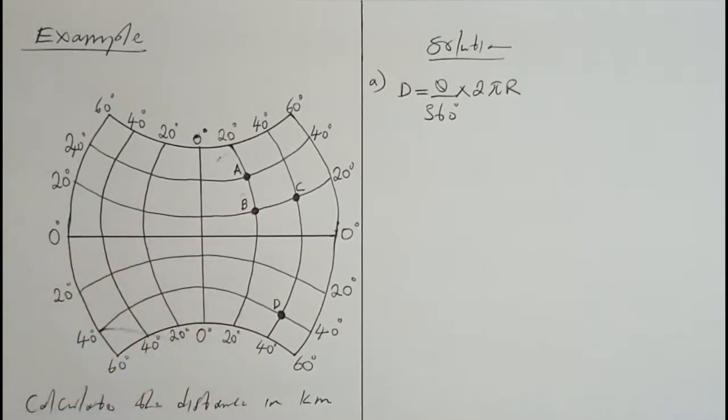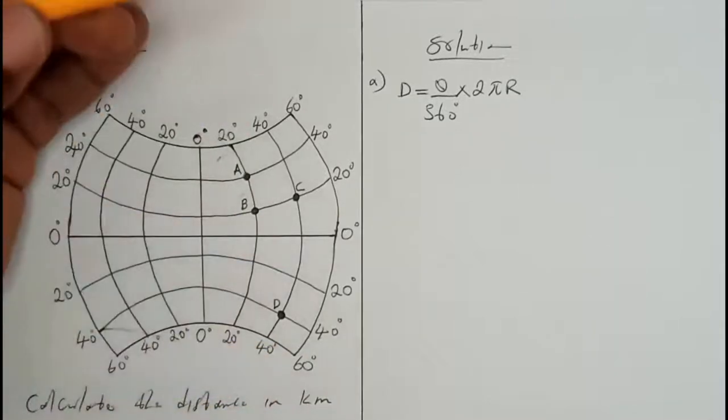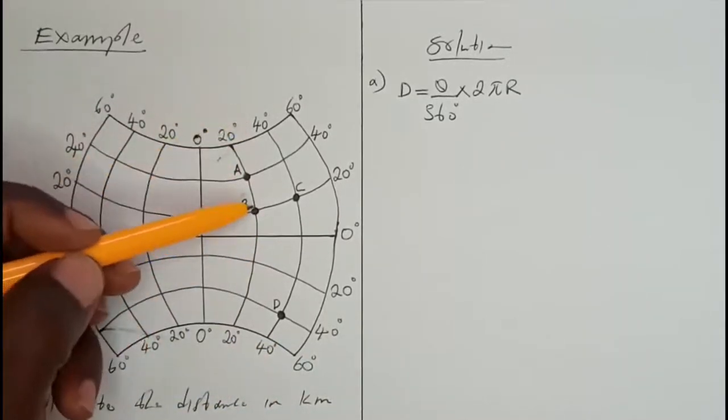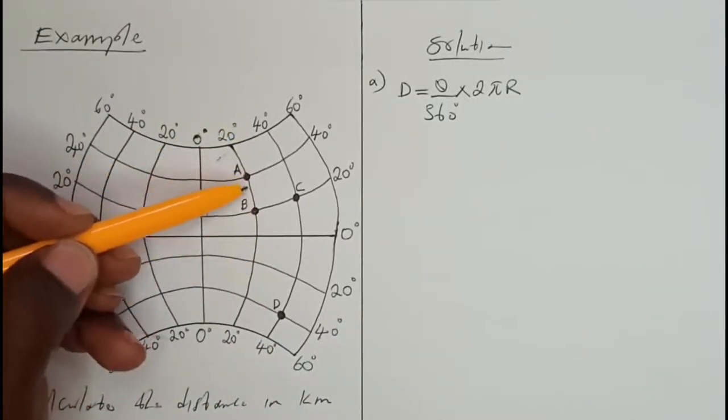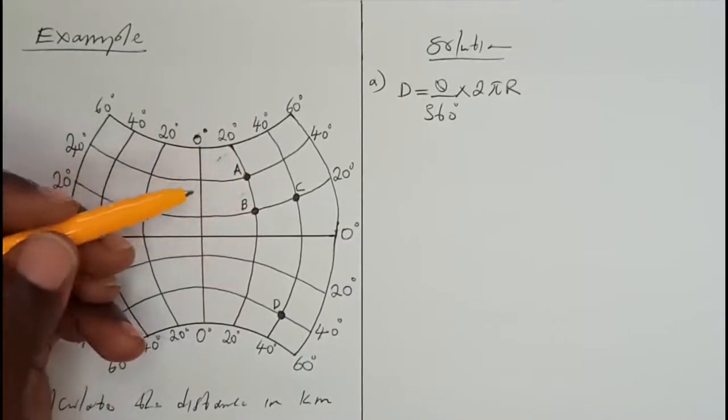Then we said when two places are found on the same hemisphere, in this case B and A are found on the northern hemisphere, this side, both on the same side, which is north, to find their difference in latitude, we subtract them.